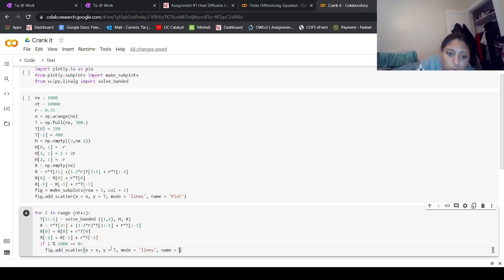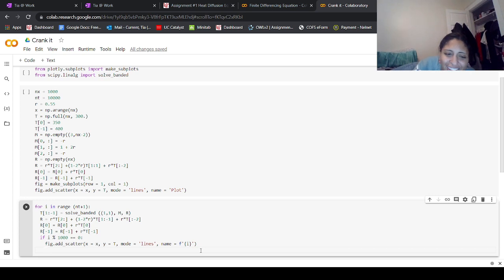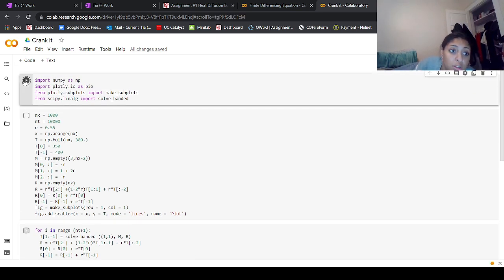Name is equal to f of, and I think we put the iterations in there. That's how we get it to show up. And then we need to show our figure. And it just has 2 parentheses right there. So let's see if it works.